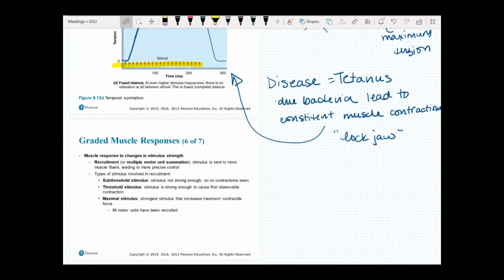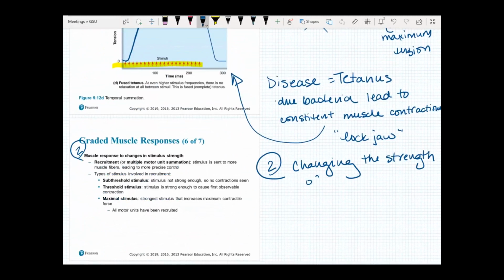Now we're going to move on to the second way you can change a muscle response, which is by changing the strength of the stimulus. So the first one was we changed how many times we told it to go, and then this one we're going to change a whisper to a yell. The stimulus is actually going to get stronger.